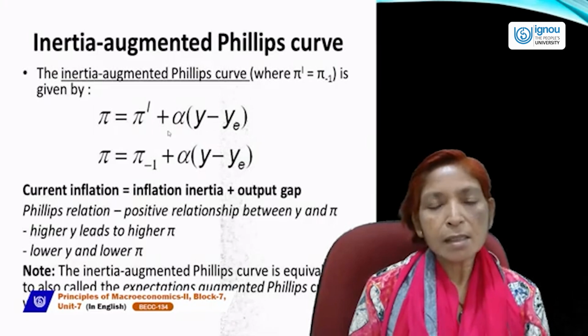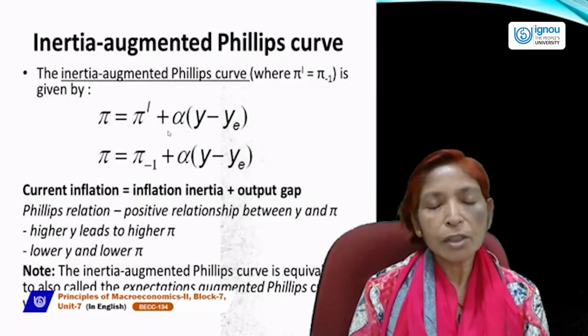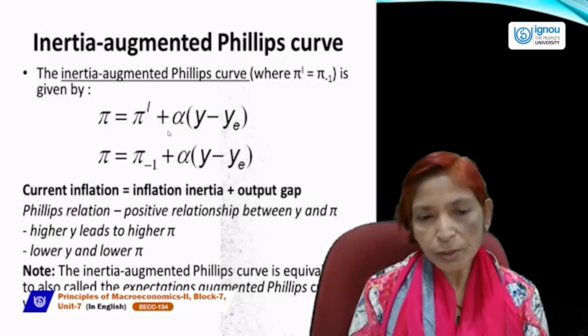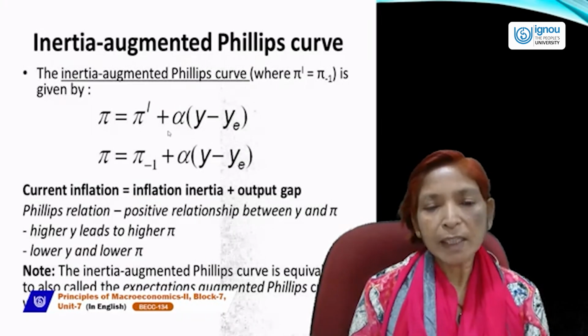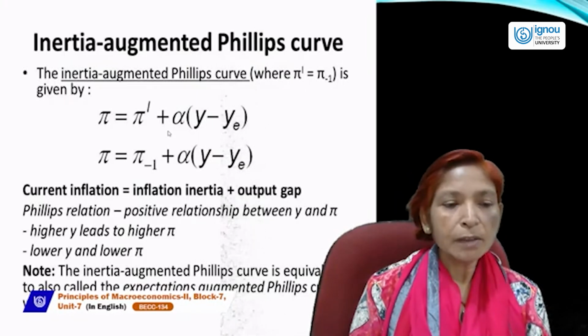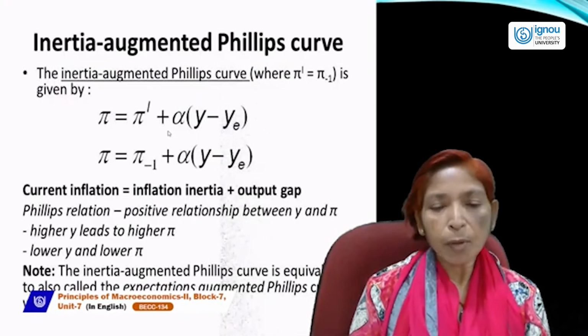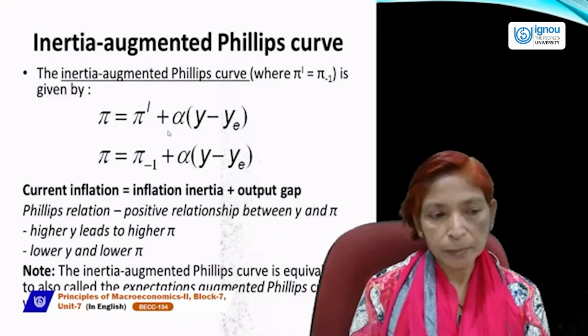Y is national income or national output, and this y minus ye is showing the output gap. Phillips curve shows that there is a positive relationship between inflation and output.